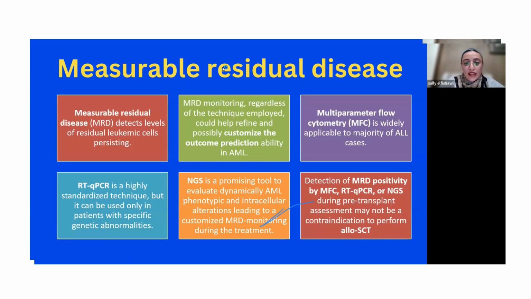Also, the NGS is used for measurable residual disease because it can quantitate, for MRD in AML, because it can target many targets at once. And the multi-parametric flow cytometry, which you will learn in the next lecture or the one after it, I think.